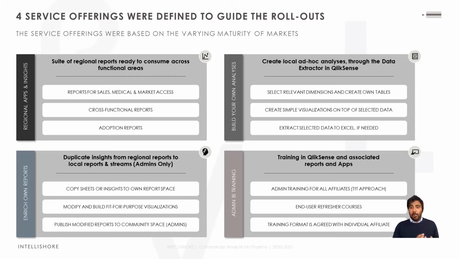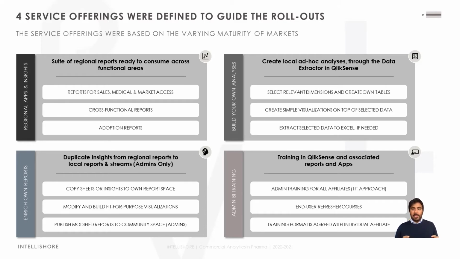Now, we also pinpointed a number of admins across all 33 markets, and those BI admins were given special privileges. You will always be in the situation where there are some markets that need some kind of customization.